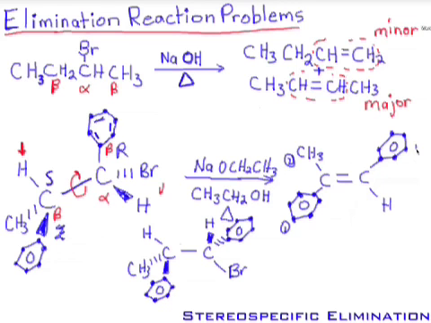Highest priority on the other side, 1, 2. And 1 or 2 on opposite sides, so this is E. This isomer is E. Okay. The E isomer forms.